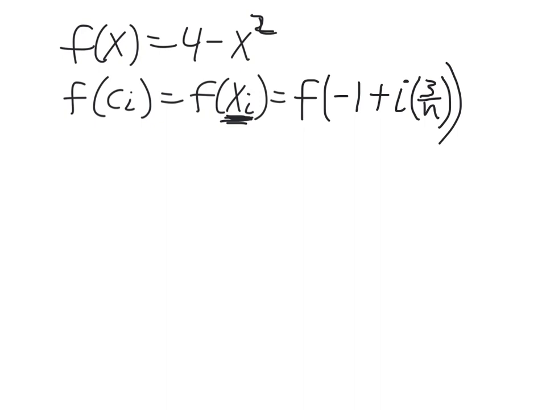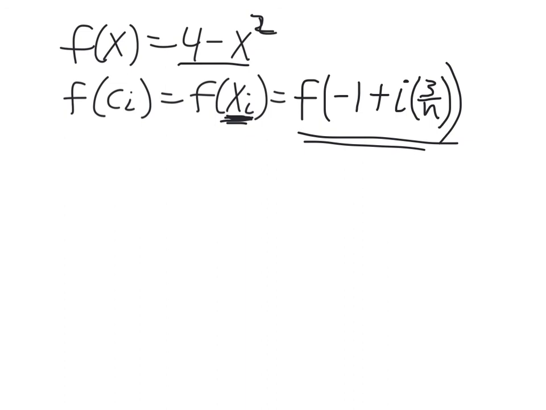Now, unfortunately, we're not quite ready to go to the summation. We need to calculate what that is in the function. x sub i is just the input into the function, and then the output is what we're going to be using for the summation.